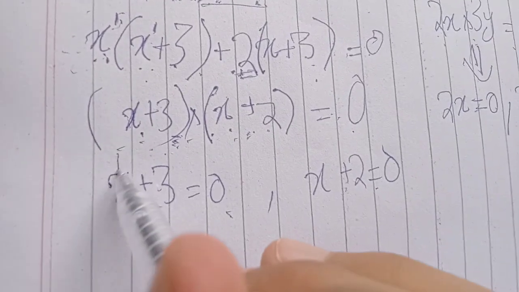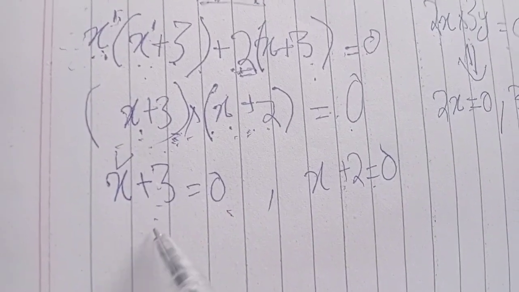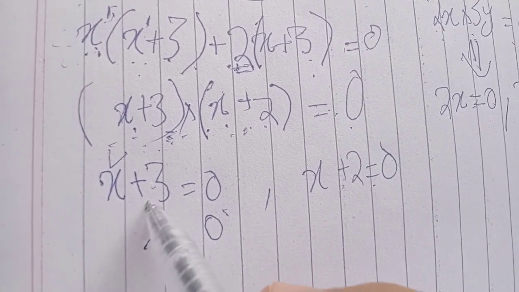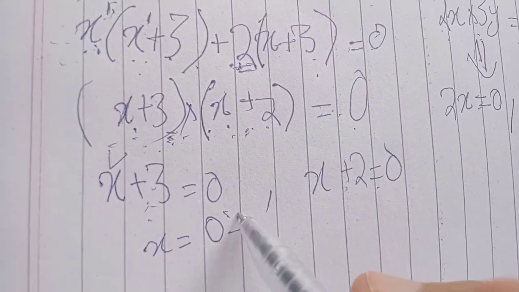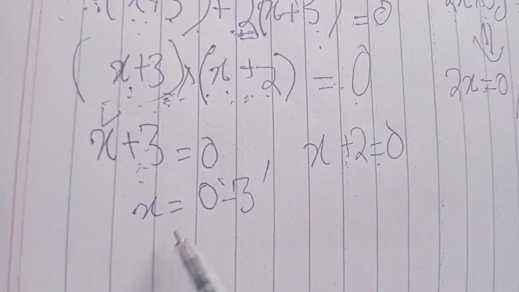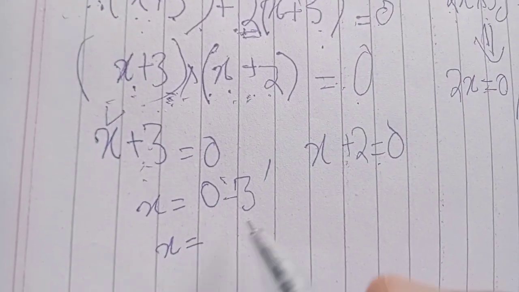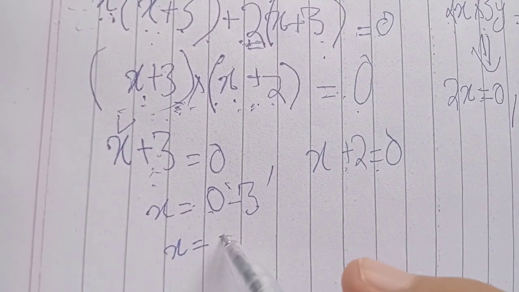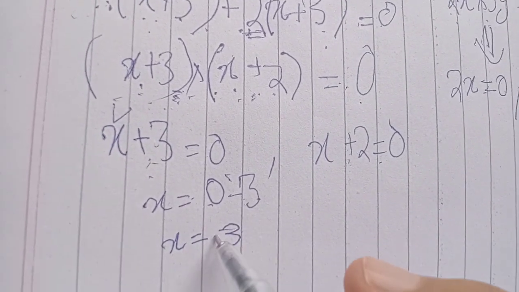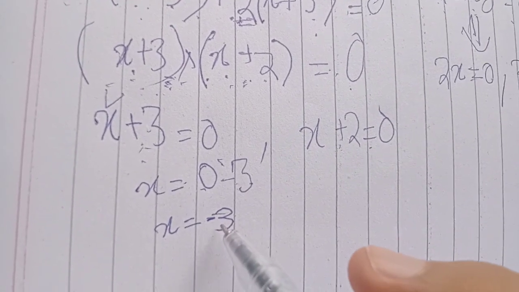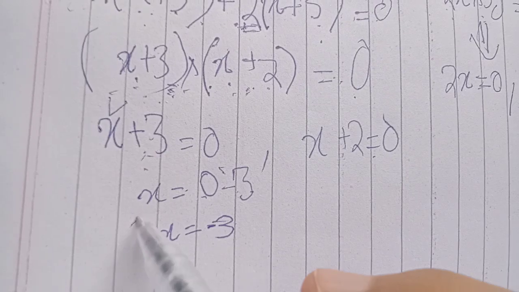Now I have to estimate the value of x. I consider moving plus 3 to the right hand side. So 0 minus 3, we have 3, but the sign will become minus because the higher number has a minus value.